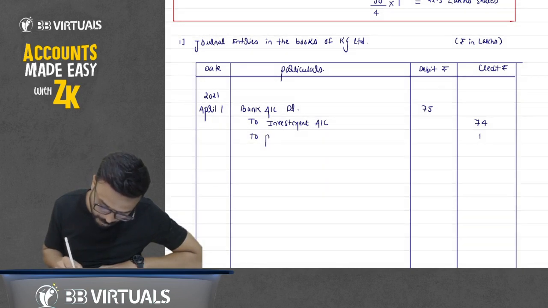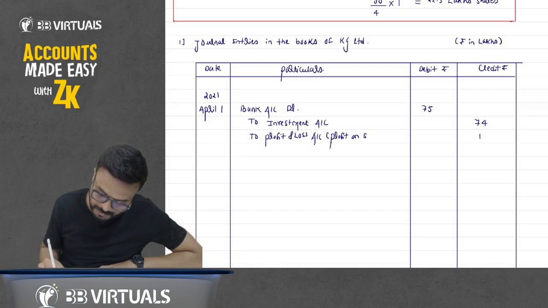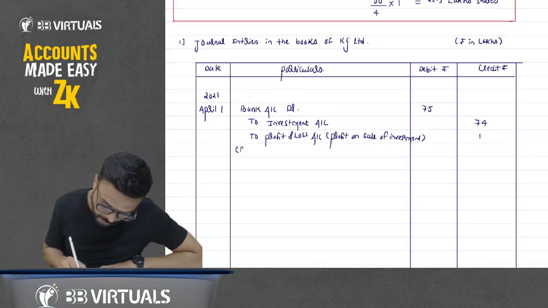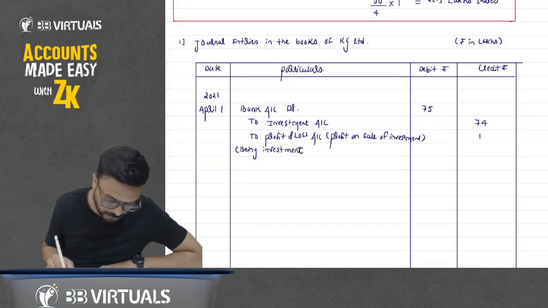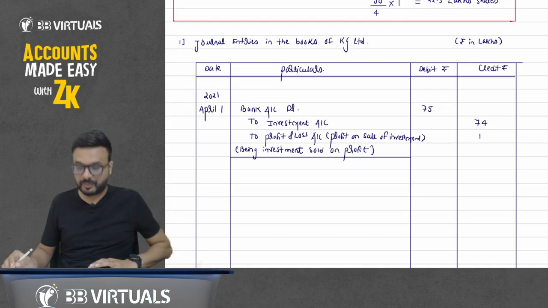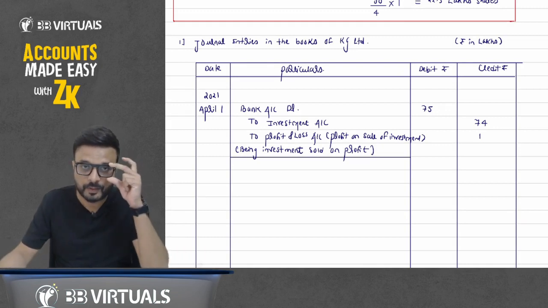We can write profit and loss account, and in brackets write profit on sale of investment. Being investment sold on profit.